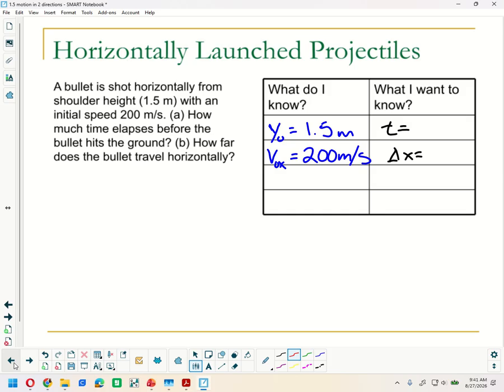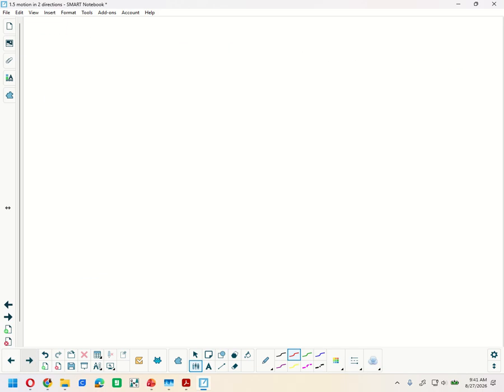All right, so we got part A. Part B, I'm looking for my delta x. How far does it travel horizontally? So that's going to be my delta x formula. So delta x was equal to my initial velocity of x times time.